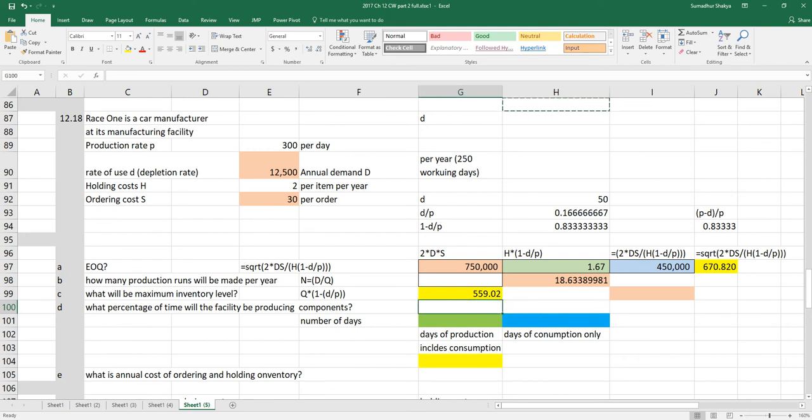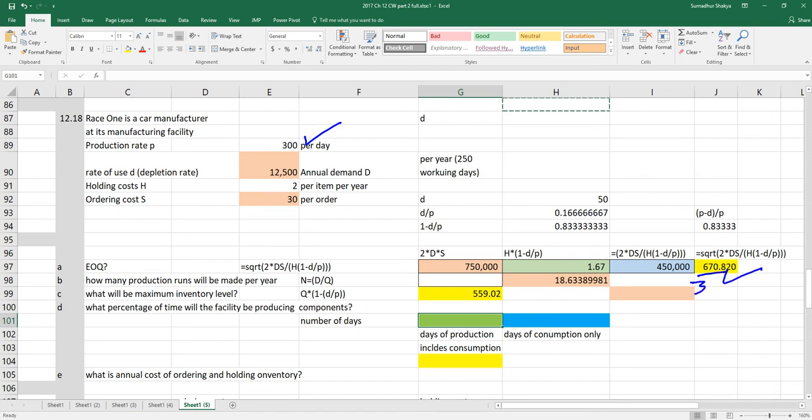Now at the rate of production of 300 per day, with the maximum production needed 670, they would not be producing all the time. They would only be producing certain time of the year. If they can produce 300 units a day, how long will it take for them to produce 670 units?